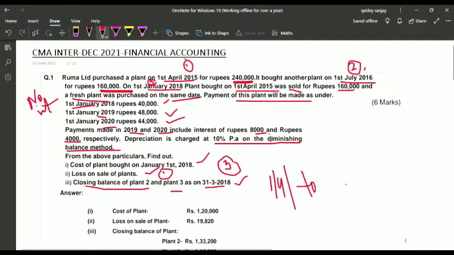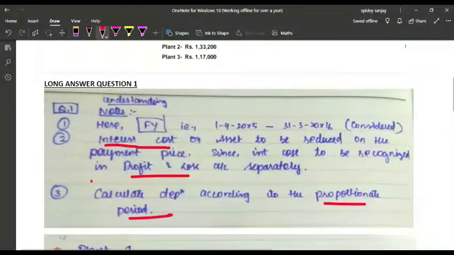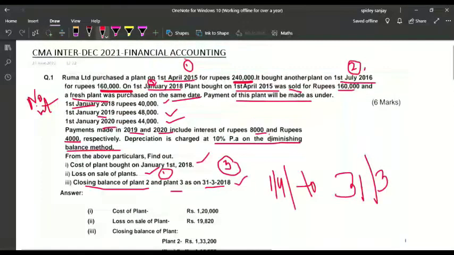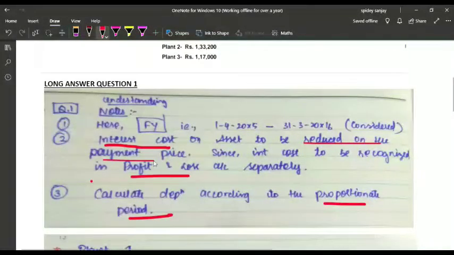Generally, on the asset we need to consider only the cost of the asset, not the interest element. In the payment for the above three, the amount includes the cost plus the interest element of 8,000 and 4,000. So we need to reduce such amount from the payment price, and the interest has to be recognized separately in the profit and loss account.